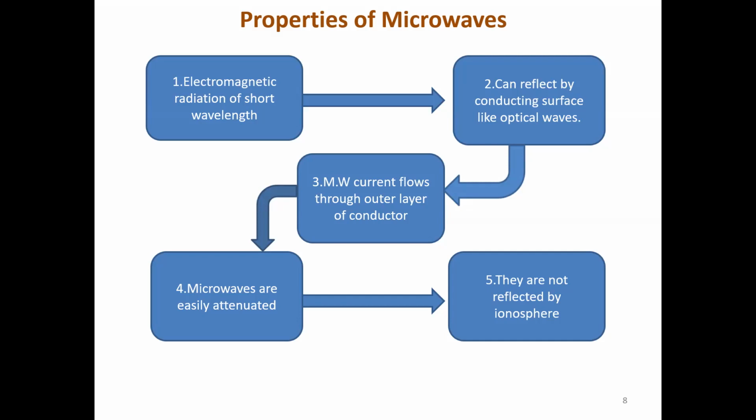Try to understand those things. The first one, it is a radiation of short wavelength. It can be reflected by conducting surfaces like optical waves, and microwave current flows through the outer layer of the conductor. Microwaves are easily attenuated. They are not reflected by the ionosphere.